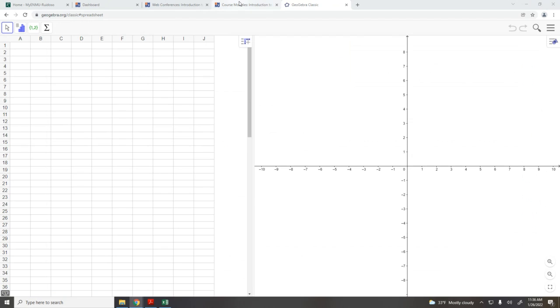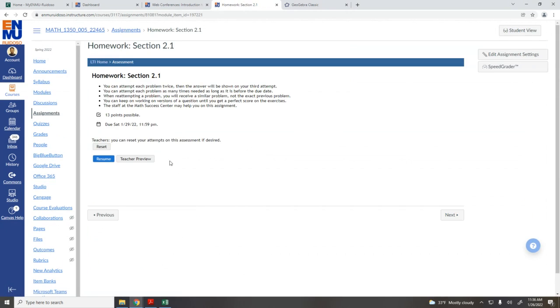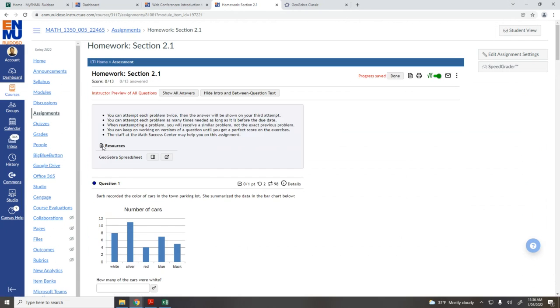Now, another way that you can enter this classic spreadsheet is that I have linked chapter 2, entire exercises, homeworks, and quizzes of chapter 2 to this website. If you go to any of the homework or quiz in chapter 2, there is this resources, and you can see GeoGebra spreadsheet. You can either go for open in a sidebar.